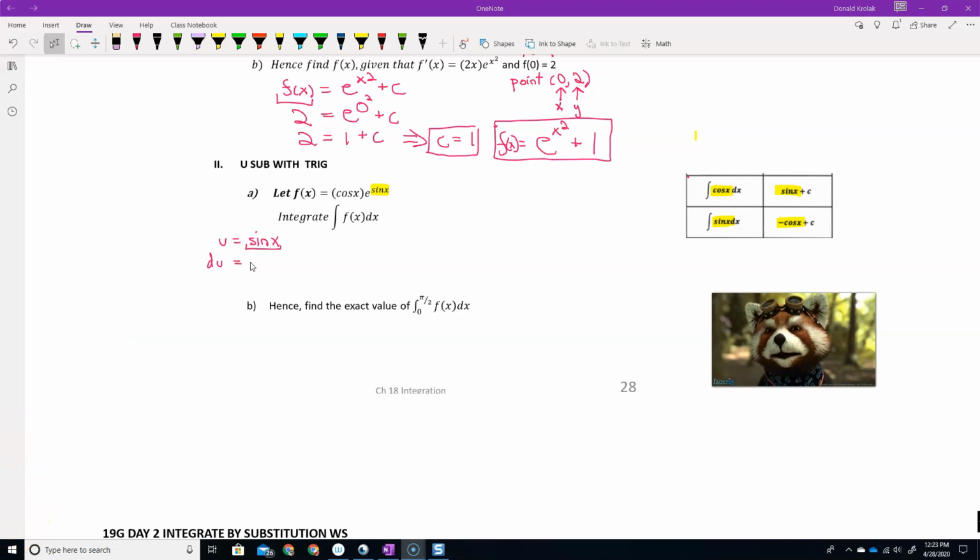So our derivative of sine is equal to cosine, not the antiderivative, the derivative. Now, okay, now I can rewrite my integral.